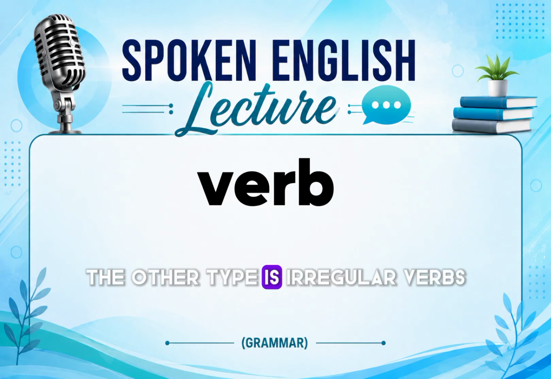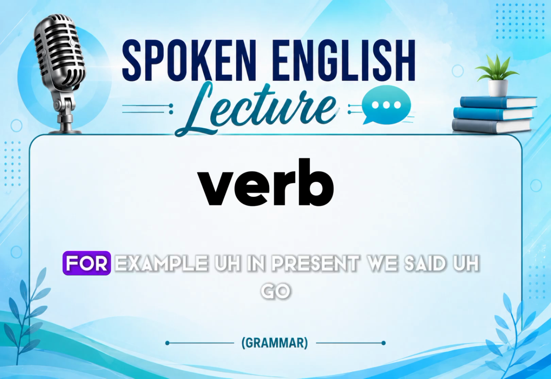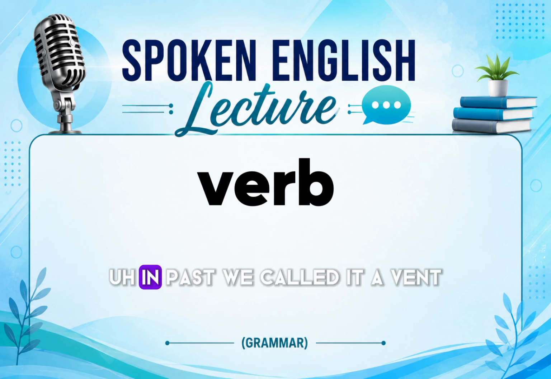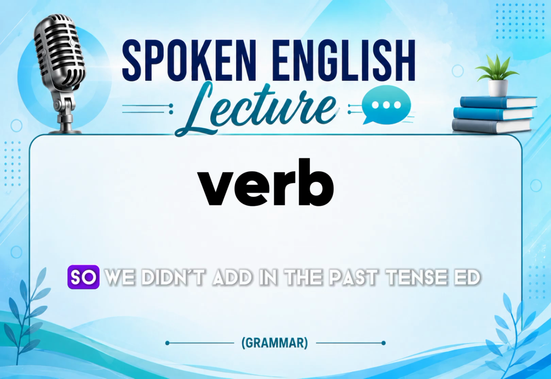The other type is irregular verbs. Irregular verbs do not follow the ed rule. For example, in present we say go. In past we call it went, and in past participle we call it gone. So we didn't add ed in the past tense.